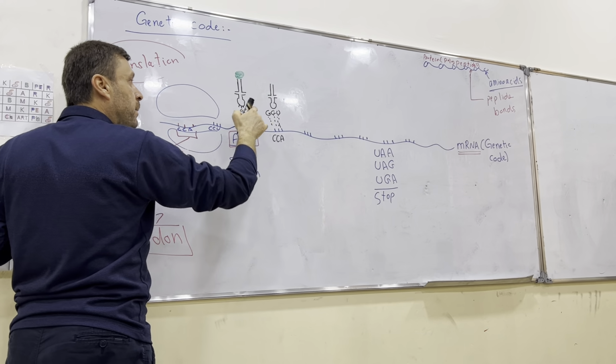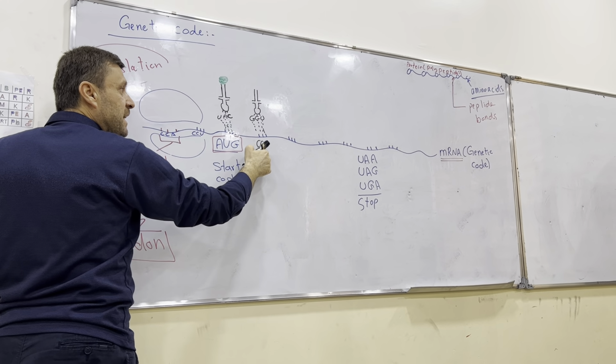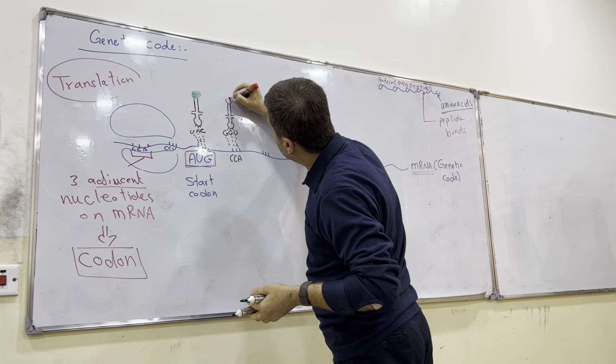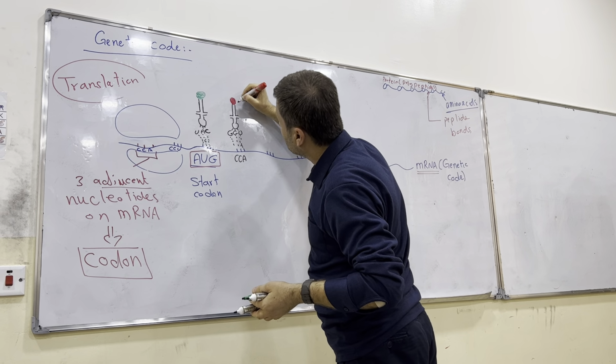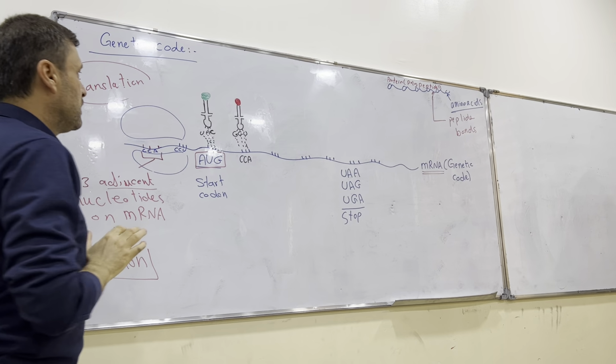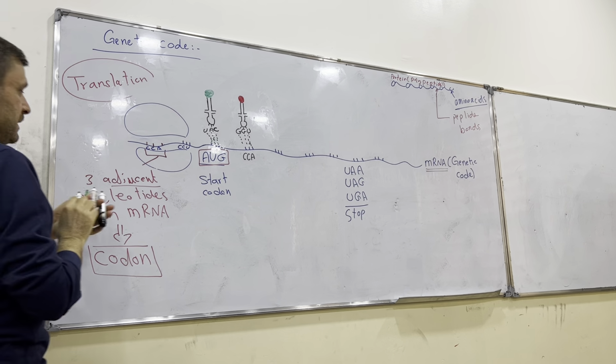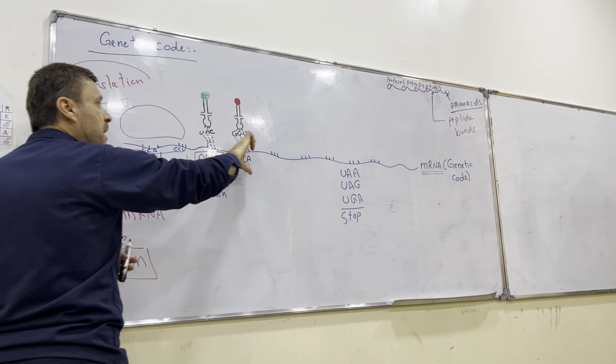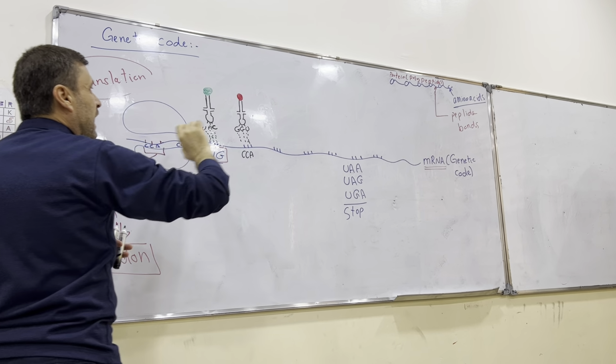It binds its anticodon with the next codon by reverse pairing. It carries only one amino acid. The ribosome moves along the mRNA.